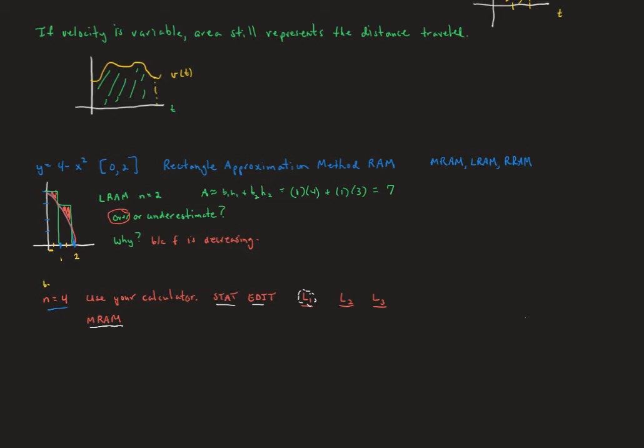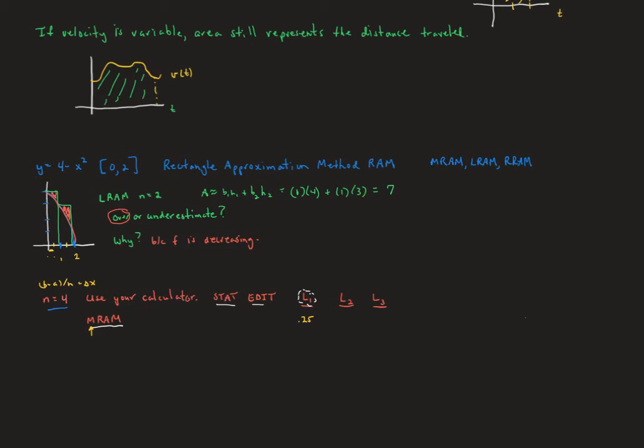In general, b minus a divided by n is going to be our delta x when they're evenly spaced. So we want to put into L1 the values of x that we're going to evaluate in the function to get the rectangles, remembering that this is a midpoint Riemann sum. The value of x we're going to plug in on the first rectangle, which goes from 0 to 0.5, is going to be 0.25.